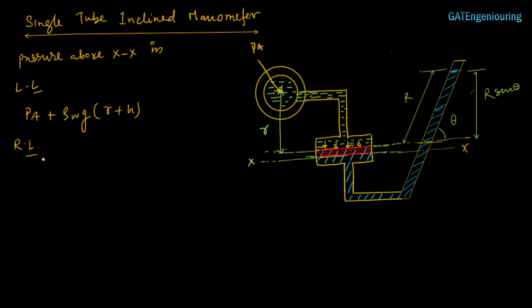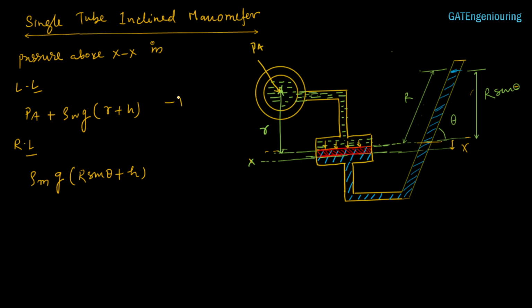So in the right limb, what will be the pressure? The pressure in the right limb will be equal to rho m, which is the manometric liquid, rho m g into r sine theta plus this distance h. Here h is a very small value, so there is no need to take the effect of theta in this, and we can directly add it like this.